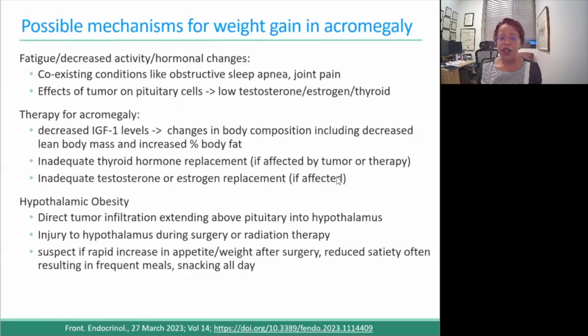In addition, you might see some hormonal changes, and that could be sometimes just from the tumor itself. If you have a tumor in the pituitary, you know that there are other hormones that are housed in that pituitary gland. And if the tumor is pressing on them, it can then ultimately lead to decreased levels of testosterone or estrogen or thyroid hormone.